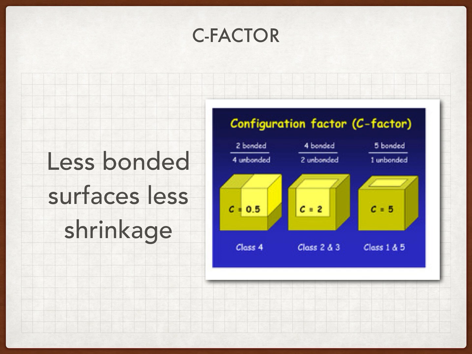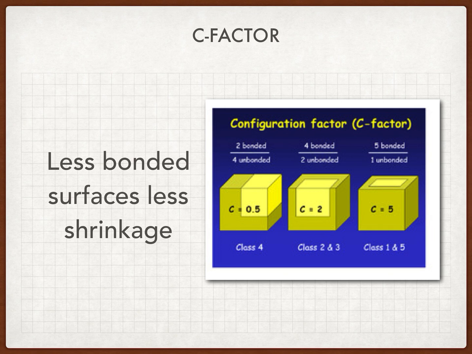Class 4 cavities have 2 bonded surfaces and 4 unbonded surfaces, so there will be the least tooth contact, the least polymerization shrinkage and the least configuration factor or C factor, which is a half. So the C factor is the ratio of bonded to unbonded surfaces in an uncured composite.